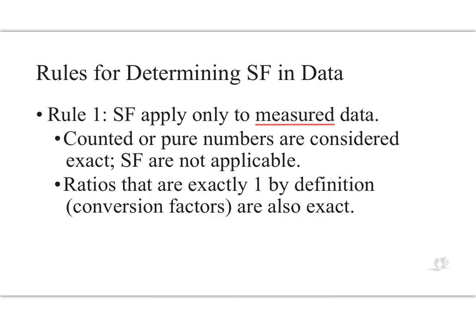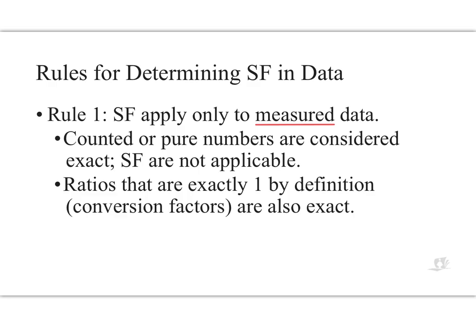So let's look at these rules. Rule one for significant figures is that they only apply to measured data. So counted or pure numbers are considered exact and significant figures are not applicable. All right. So if you count numbers, you don't have to worry about significant figures. We're talking about measured data, right?